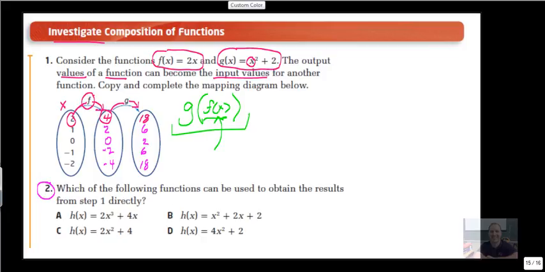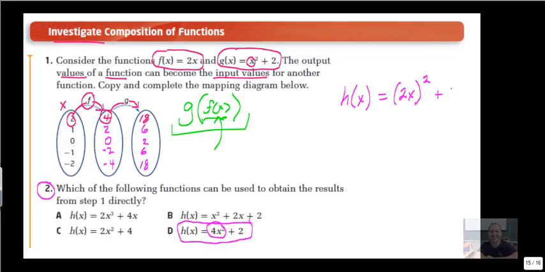I want to show you that this D is the answer we're looking for, but it can also be written differently. Now this may seem obvious to you, but it may not. 4x squared is actually 2x all squared plus 2.